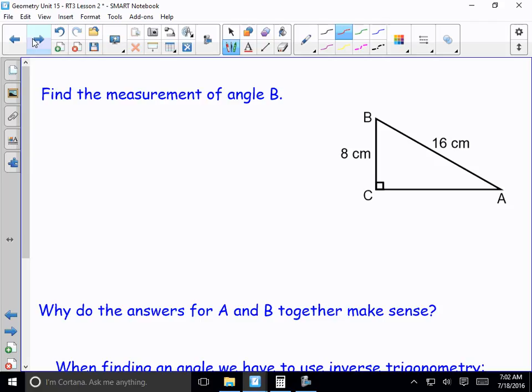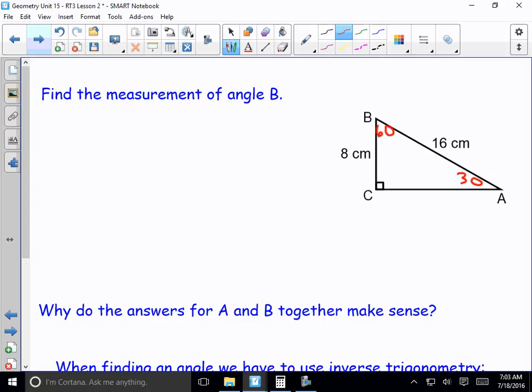Now, find the measurement of angle B. Some of you are probably already saying, I know angle B. If A is 30, then B has to be 60 because it's a 30, 60, 90 triangle. Now let's prove it and see if this makes sense.